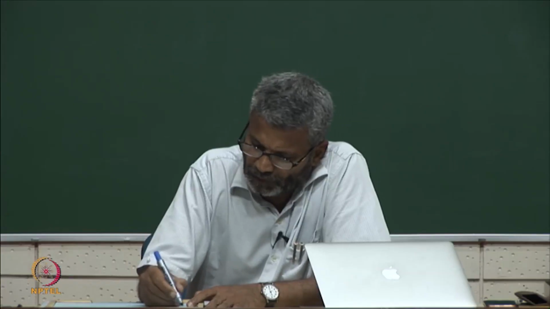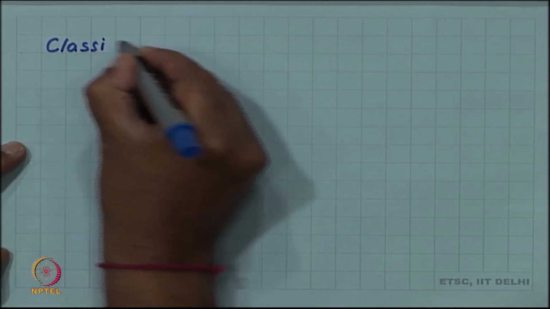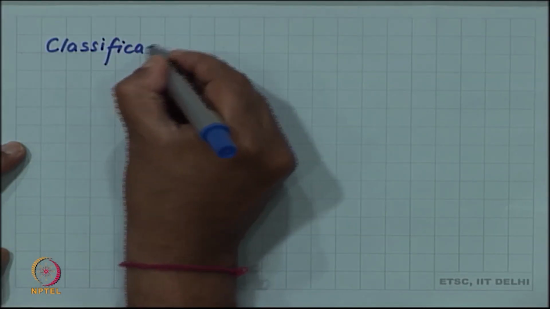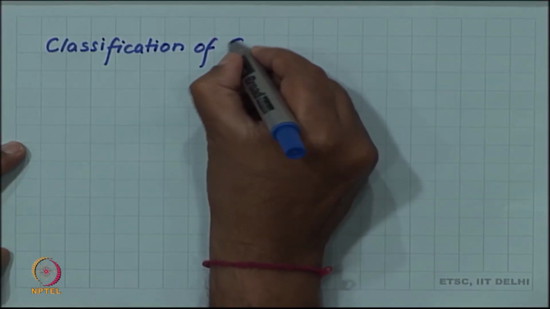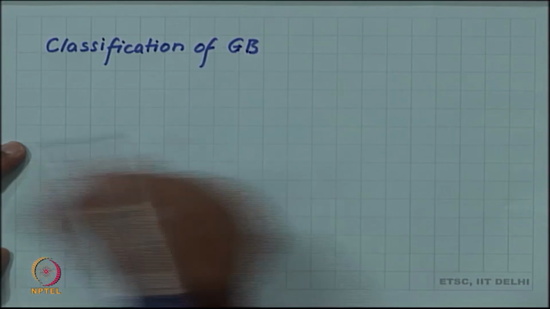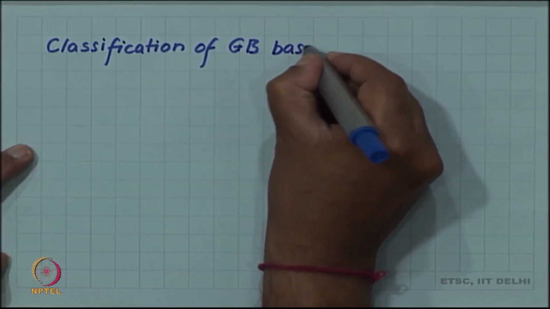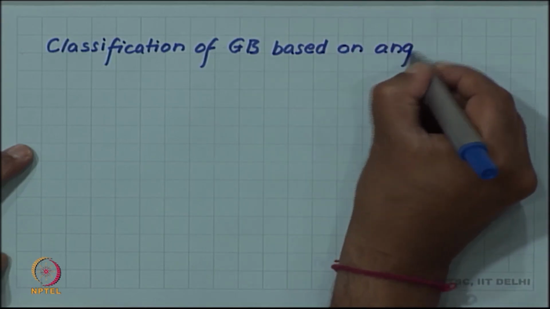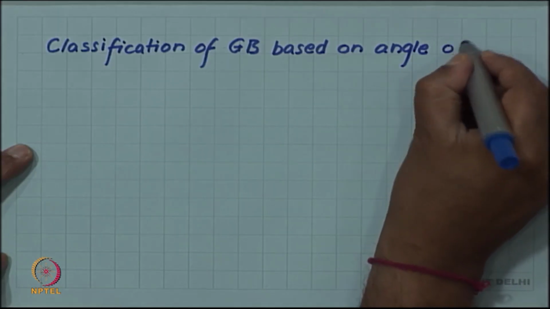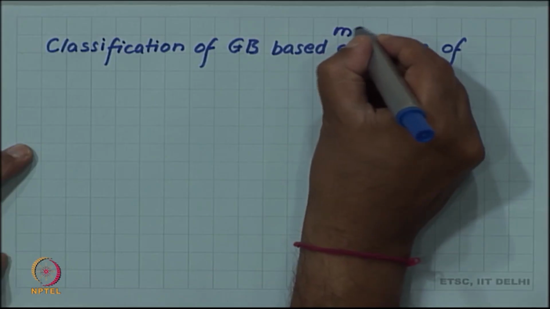Based on the magnitude of the rotation angle, there is a classification of grain boundary. I am writing GB for grain boundary. Classification of grain boundary based on the angle of rotation, based on the magnitude of the angle of rotation.